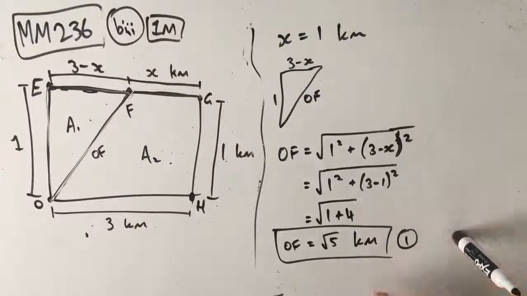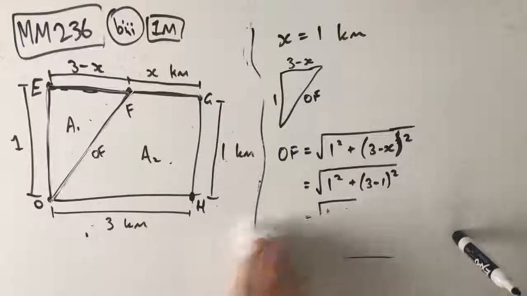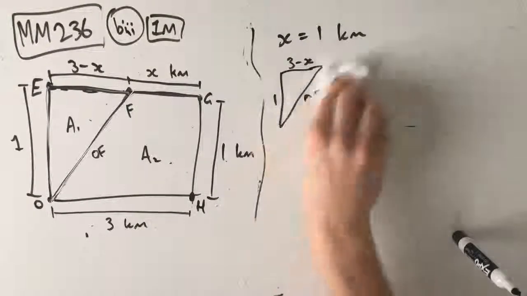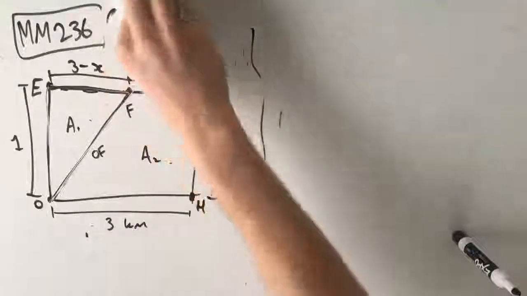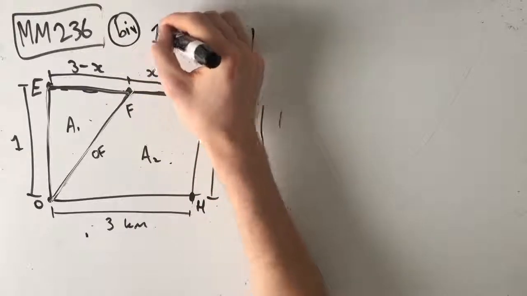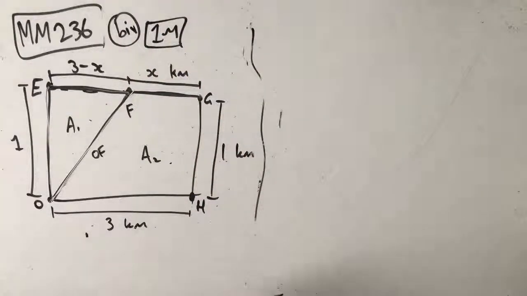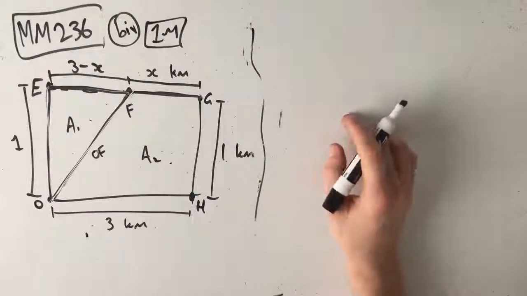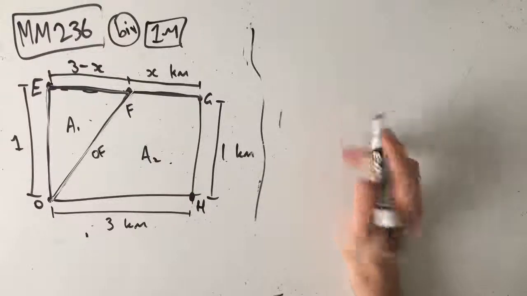And now we can move on to part B, IV. So part B, IV is, again, another 1 mark question. And we're asked, how long will it take Leah to drive to the greenhouse if her second design is implemented? Awesome.